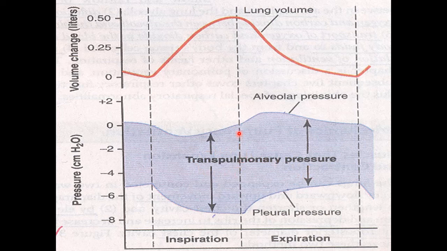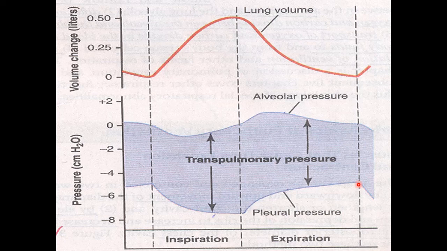Now we have seen that at the end of each phase of respiration, either at the end of inspiration or at the end of expiration, the alveolar pressure is 0 centimeter of water. So the transpulmonary pressure will be equal to the value of pleural pressure at the end of the phase of respiration, either the inspiration or the expiration.